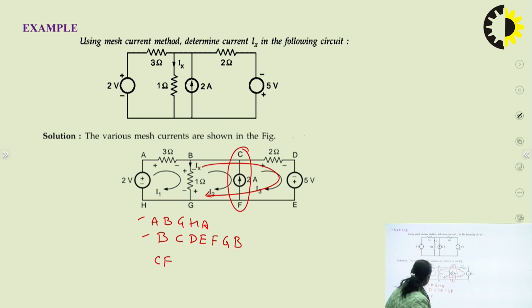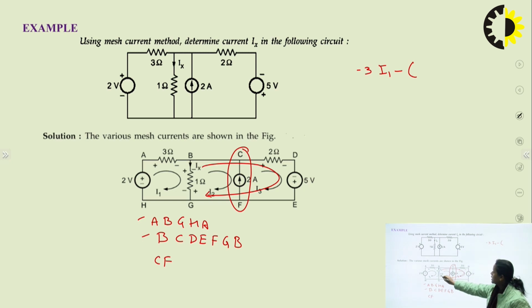If we write the equation for AB, GHA, the equation will be minus 3 I1, then minus, here we have a 1 ohm resistance, so I1 minus I2, and plus 2, this will be equal to 0.